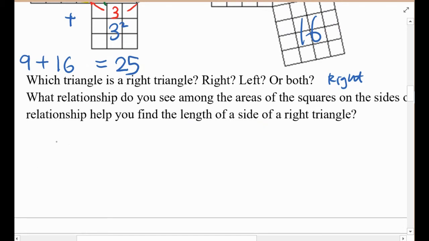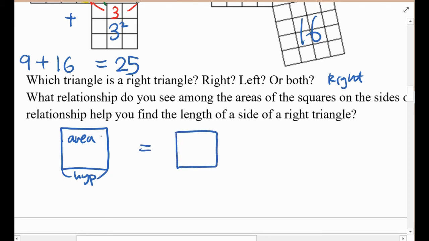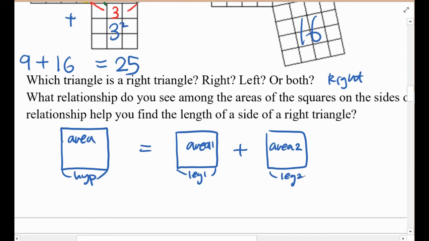So basically, everyone, the area of the hypotenuse square, the area of this square, is the same as area 1, this is leg 1, and leg 2.